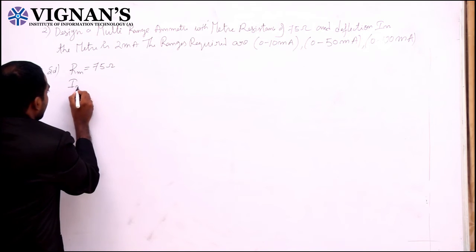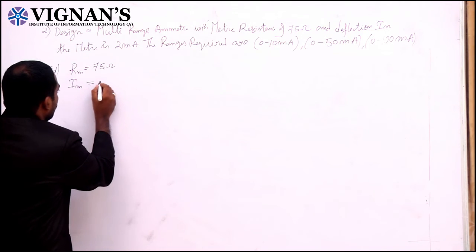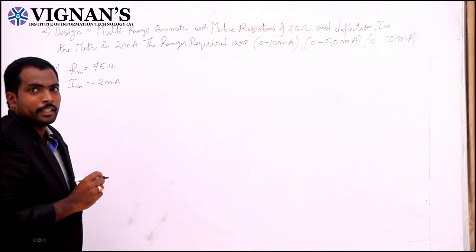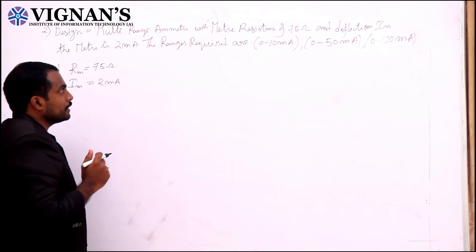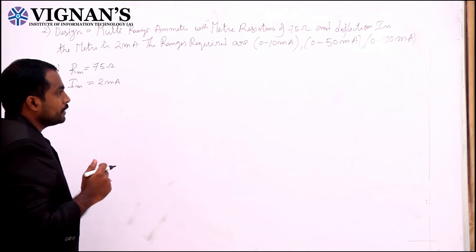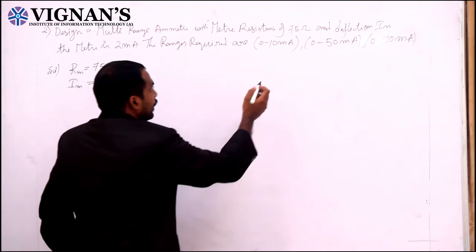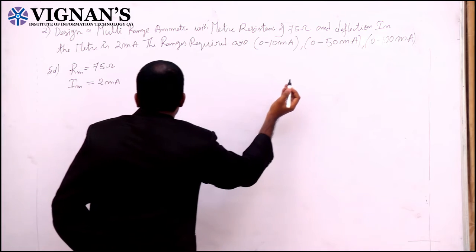That means initially the full scale deflection in the meter, Im, is equal to 2 milliamps, and he is asking you to increase the range of the meter in different stages. That means he is asking you to calculate different values of RSH to be placed in parallel with your meter to measure a current of 0 to 10, 0 to 50 and 0 to 100.